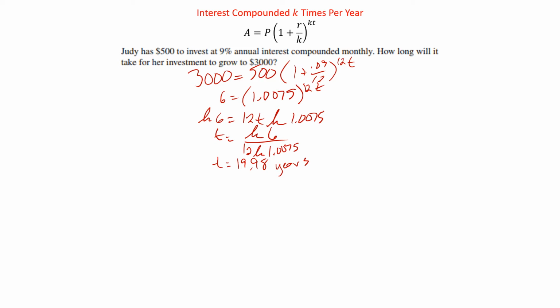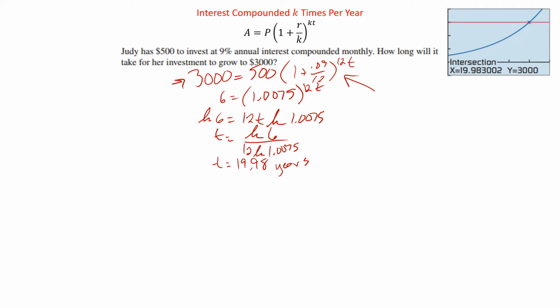We can check this graphically. To check it graphically, we would plug this into y1 and this one into y2 and graph it, and then we can find the intersection to see that, oh, hey, look, it's the same. So we can check it graphically.